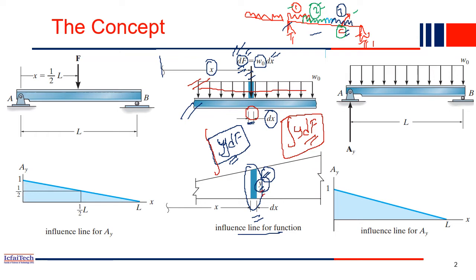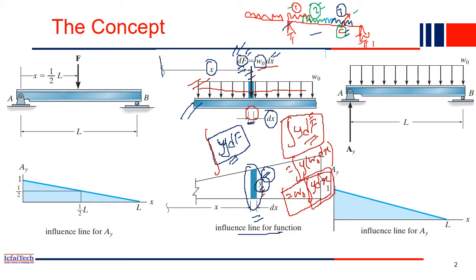Now let's simplify this. df we have already derived, that is w naught into dx. So from this equation, if you replace y df with w naught into dx, w naught is a constant and will come out, so you will have integration of y into dx. So what is y into dx?